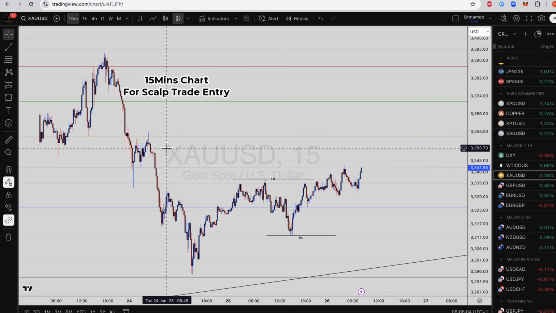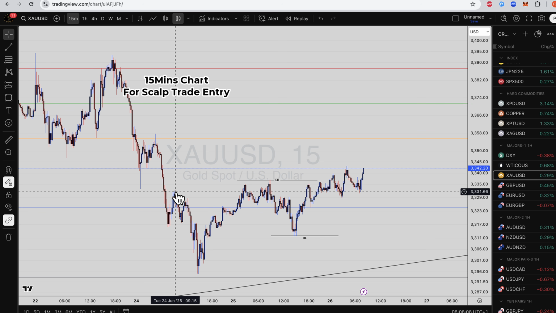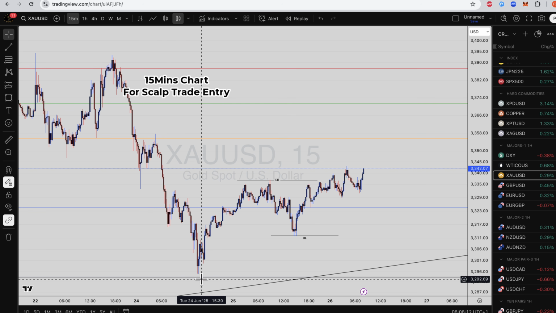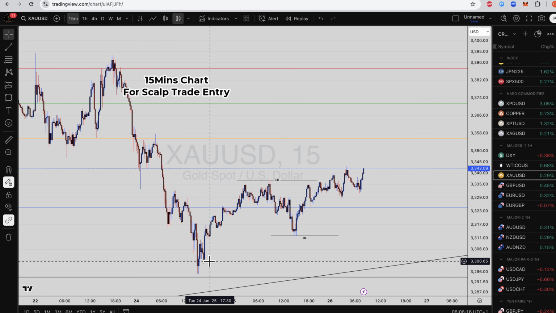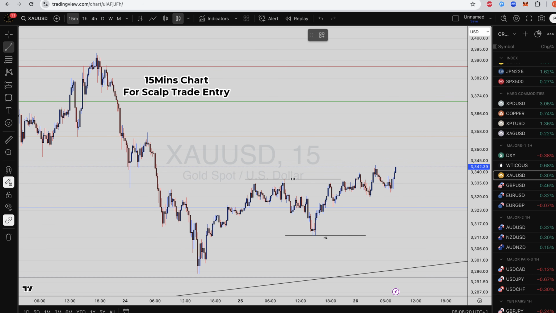On the 15-minute chart, we actually did get some low highs here, and the low highs, lower low, low highs, higher lows. So let's mark this level, but this time around these levels are going to be on the smallest time frame.